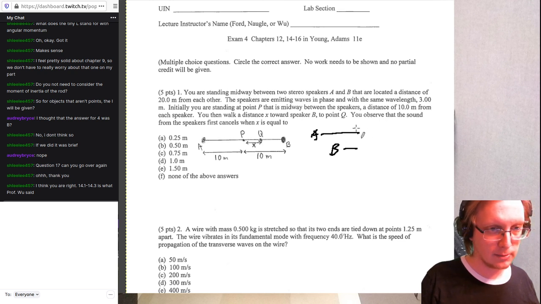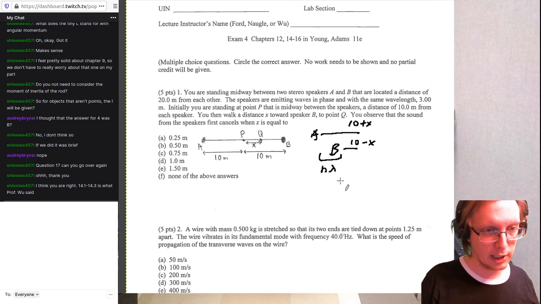This is 10 plus x, and this is 10 minus x. And this interval here needs to be n lambda. There we go.